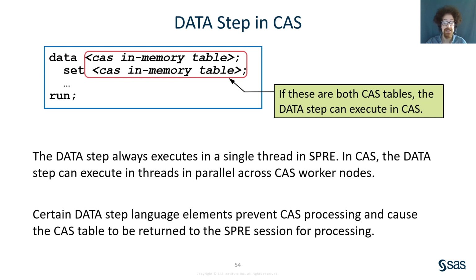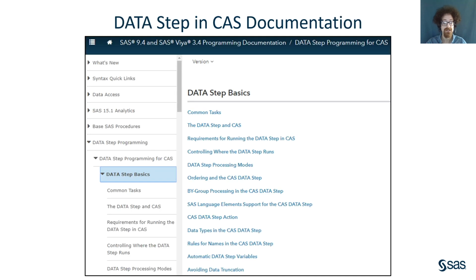In CAS, the DATA step executes in threads in parallel across the CAS worker nodes. Certain DATA step language elements prevent CAS processing and cause the CAS table to be returned to the SPRE session for processing. Documentation for using the DATA step in CAS is available in great detail.